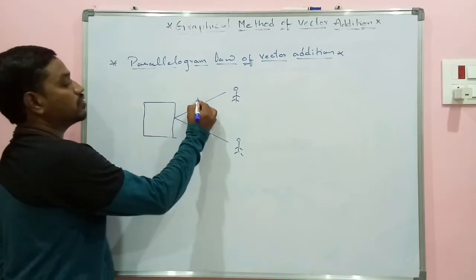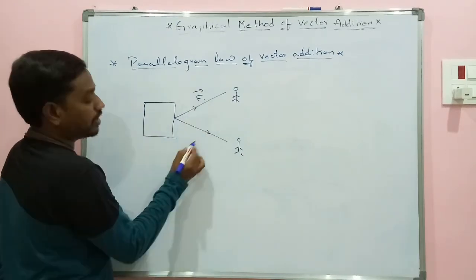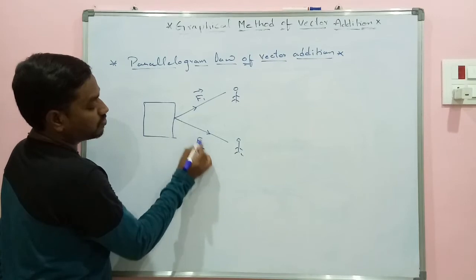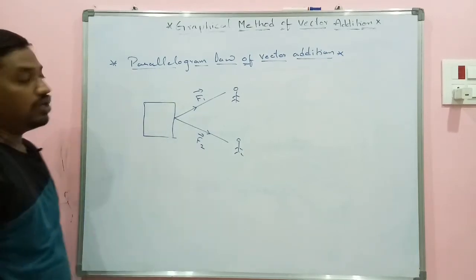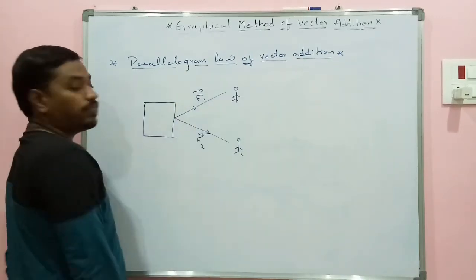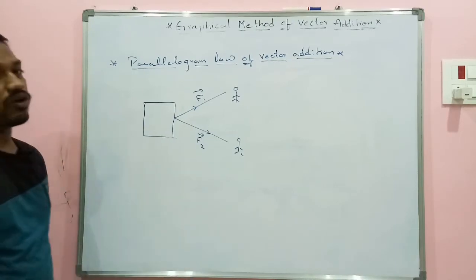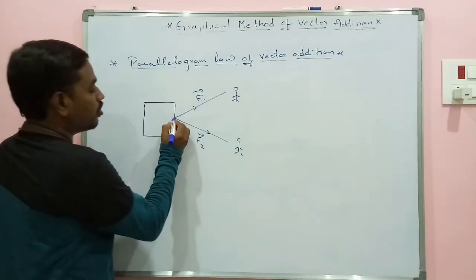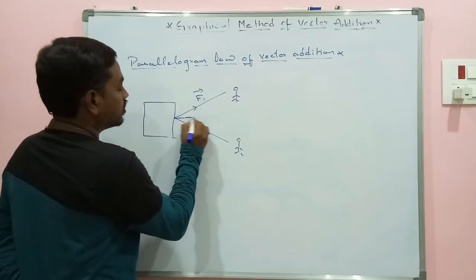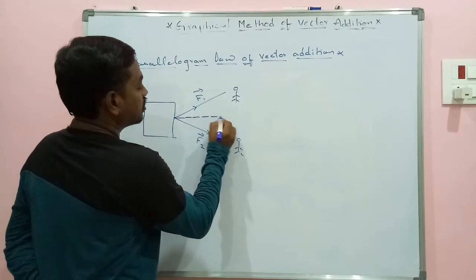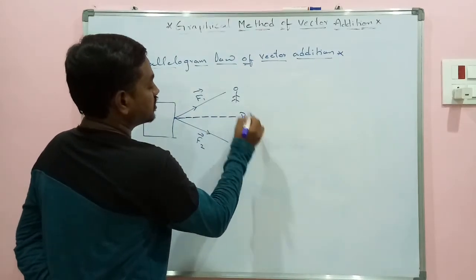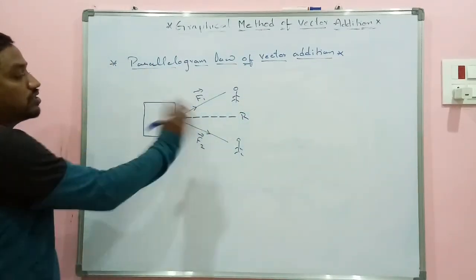So let this be force 1. Let this force be 2. Both of them are pulling towards them. In which direction does the block move? Obviously the block will move along this. This is taken as the result of these two forces.